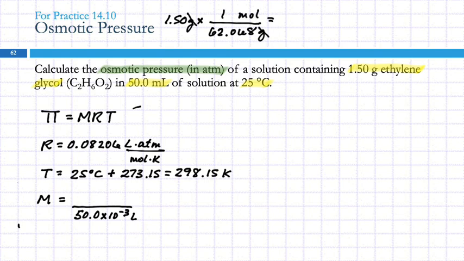Grams cancel out. 1.5 divided by 62.068. 0.024167 moles. Divide that number by 50 times 10 to the minus 3, and I'm going to get a molarity of 0.48334.